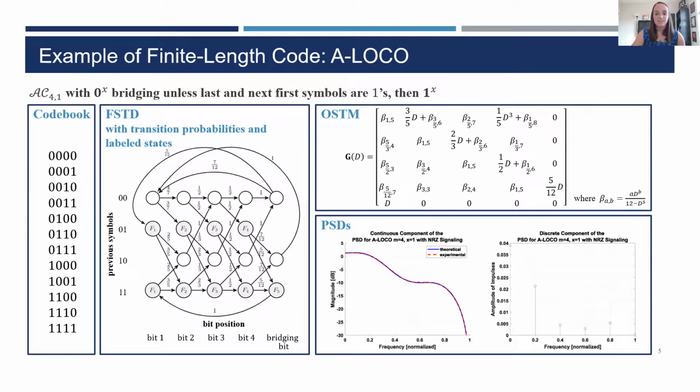To end this example, you can see that A-LOCO codes result in having a continuous and discrete power spectral density component. The continuous component was calculated via our method, described, and matched the Monte Carlo results perfectly. The discrete component was also calculated using Fourier analysis on the periodic portion of the autocorrelation function. More on this is provided in our longer talk as well as our paper.